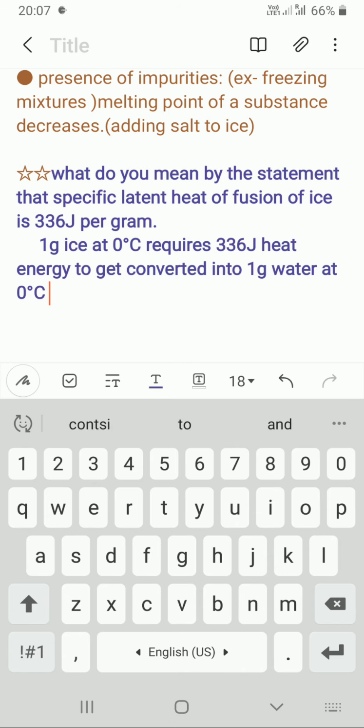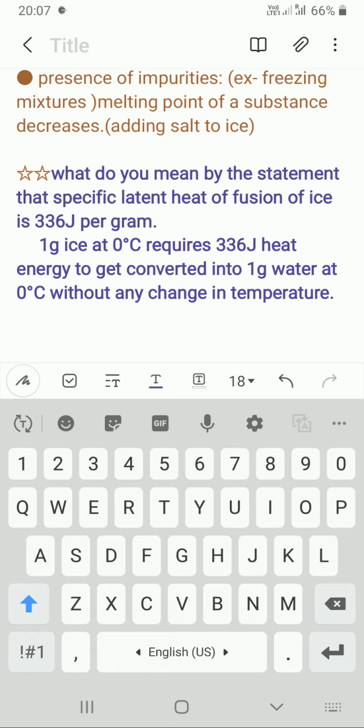That means temperature remains constant and there is change in the state of solid to liquid without any change in temperature. This is called specific latent heat of fusion.